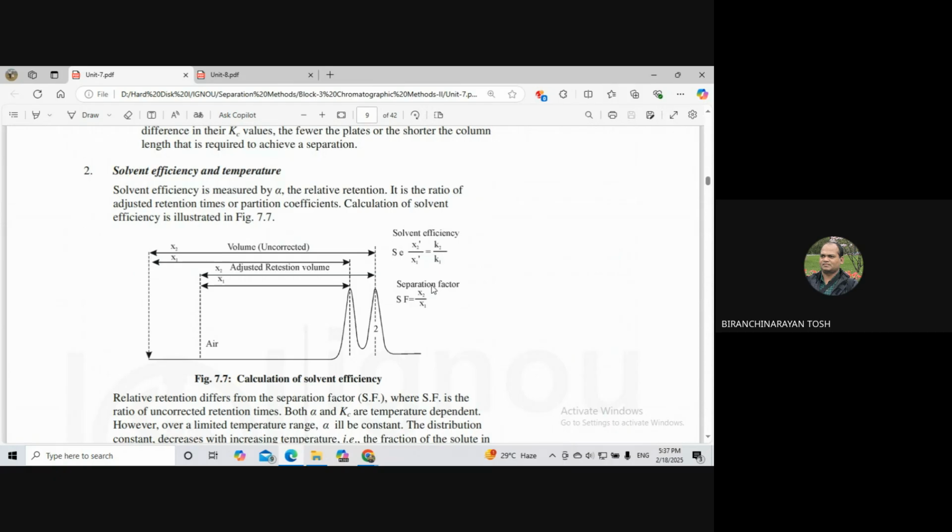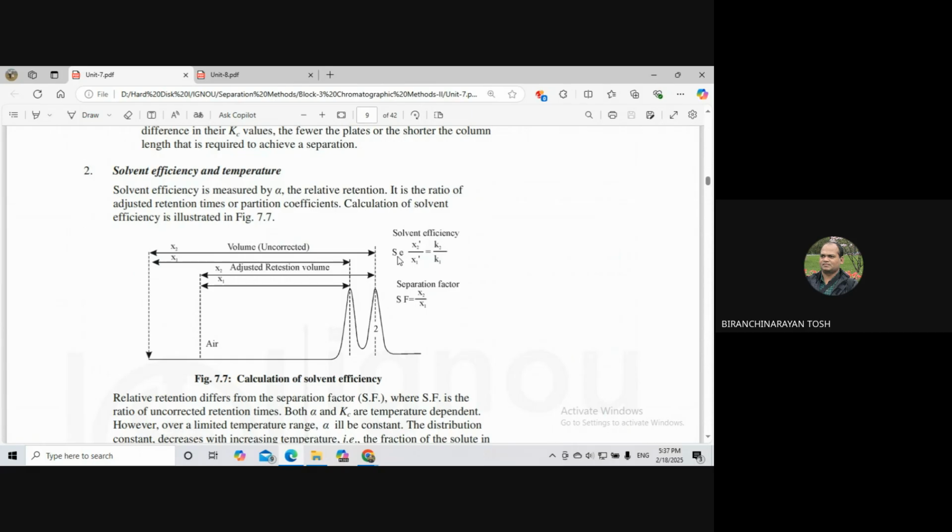Solvent efficiency is measured by alpha, the relative retention. It is the ratio of adjusted retention time or partition coefficients. The calculation of solvent efficiency is illustrated in this figure. So adjusted retention time and the volume uncorrected, this is the corrected one.